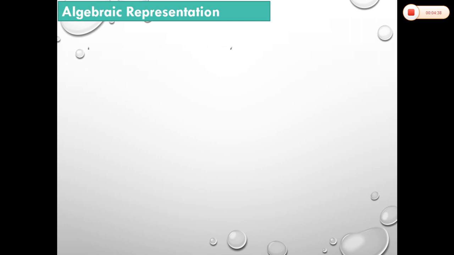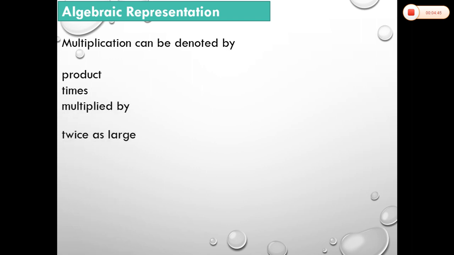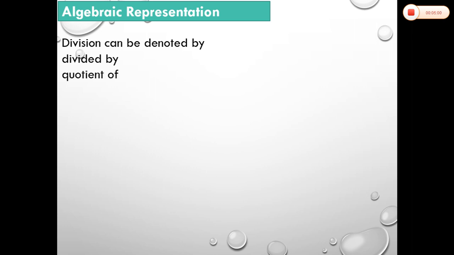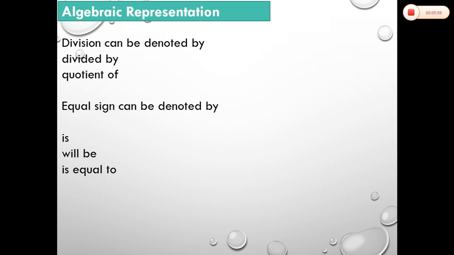Multiplication can be denoted by the product, times, multiplied by, twice as large, three times a number, one half of a number. For division, we have divided by and quotient of. For the equality sign, it can be denoted by the words is, will be, is equal to, and seldom we use the word gives.